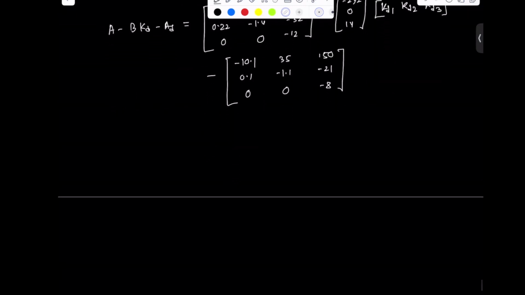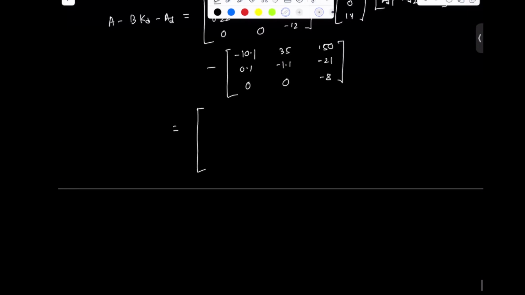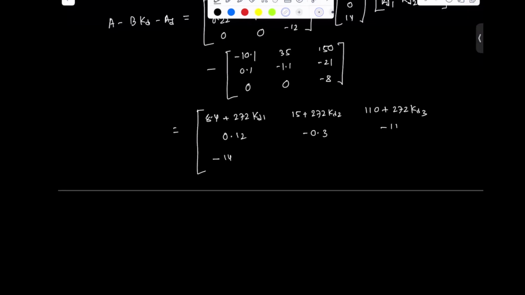After solving this matrix, we get the final expression: 8.4 plus 272 KD1, 15 plus 272 KD2, 110 plus 272 KD3, 0.12, minus 0.3, minus 1, minus 14 KD1, minus 14 KD2, minus 4 minus 14 KD3.